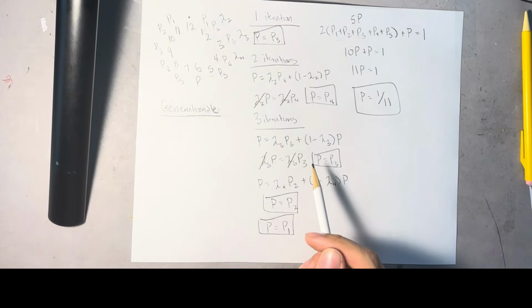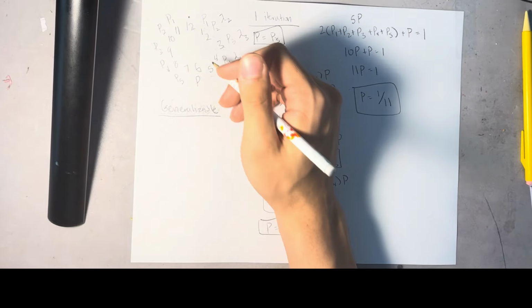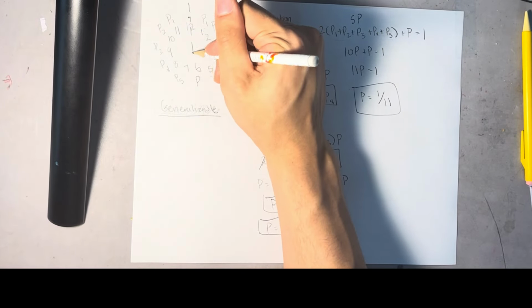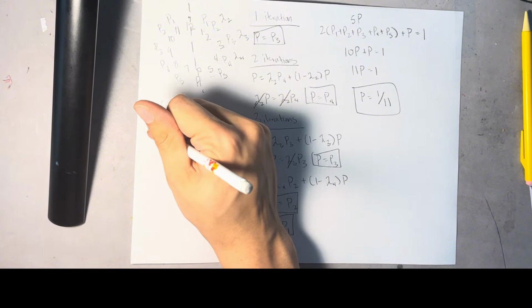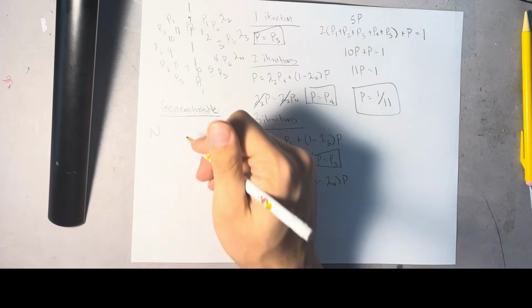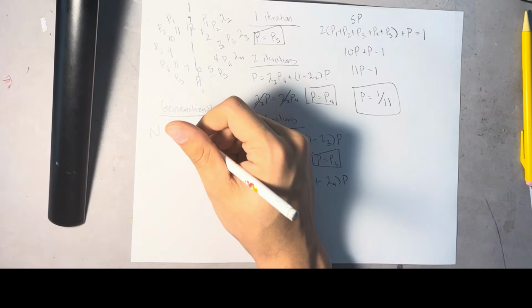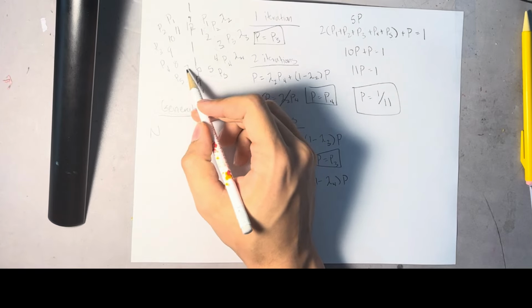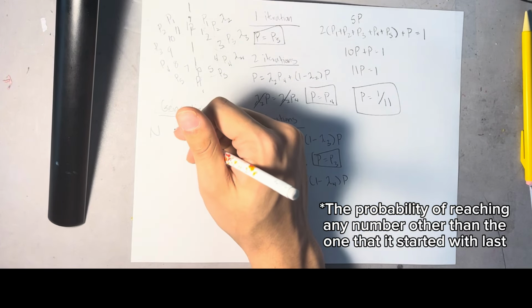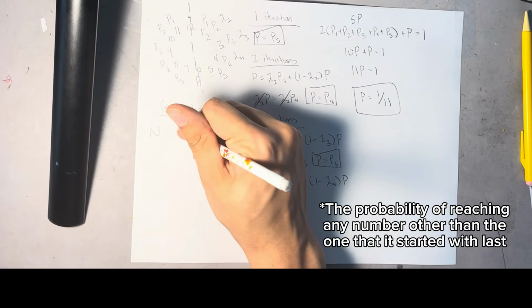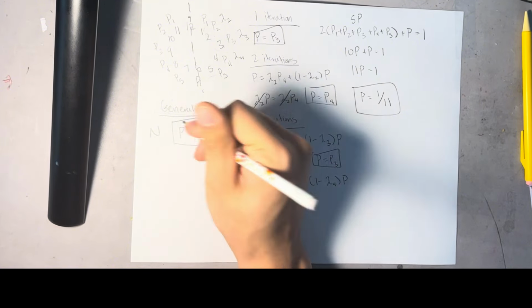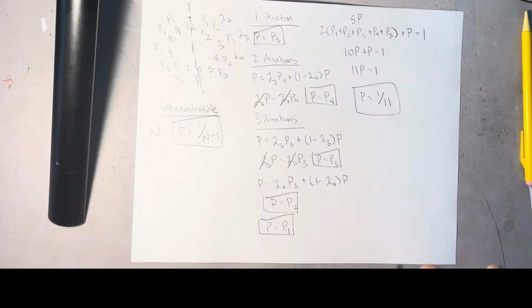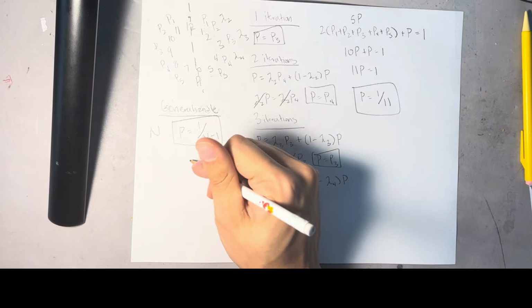So for any symmetrical clock, meaning that if it has a line of symmetry here, given n total numbers, we could say that the probability of reaching any point other than the point that it started with is p equals 1 over n minus 1. And of course, the probability that it reaches the point that it started with is 0.